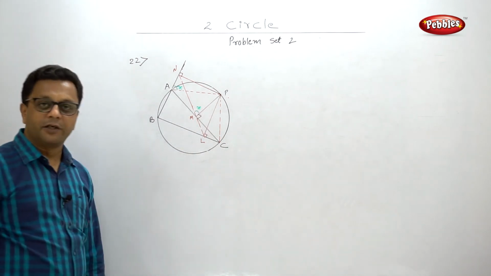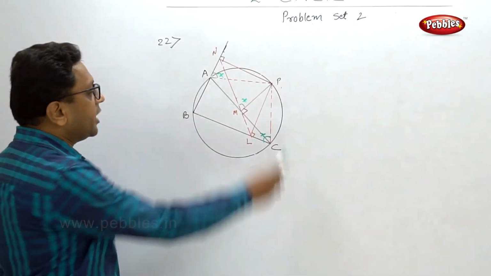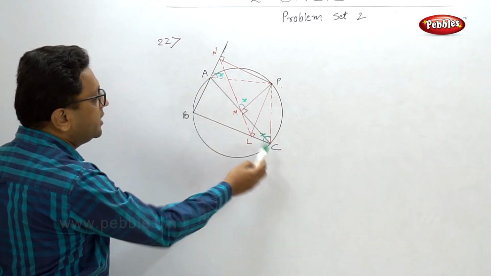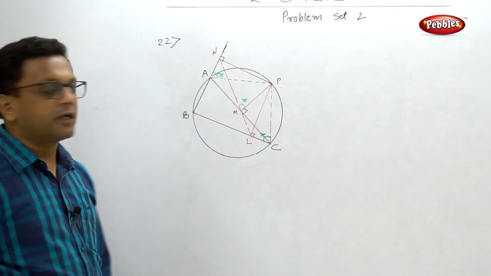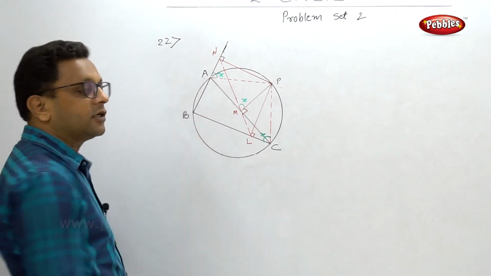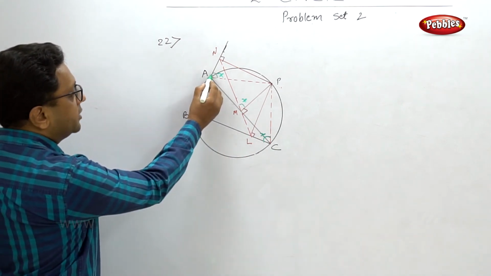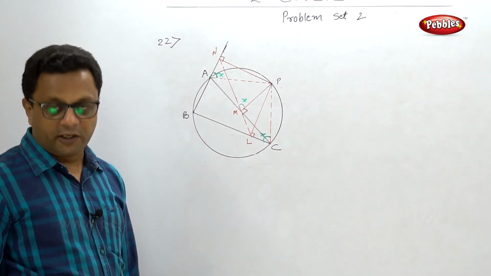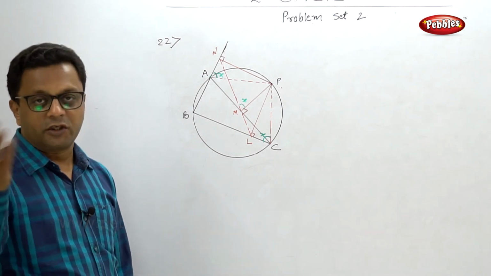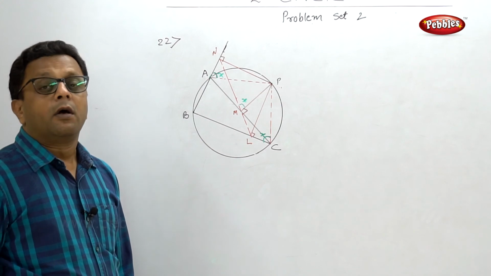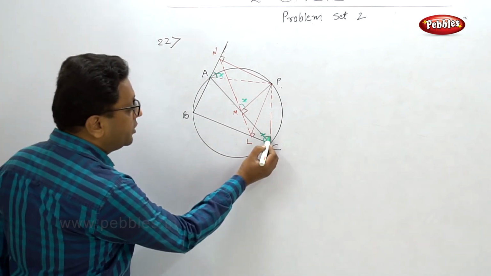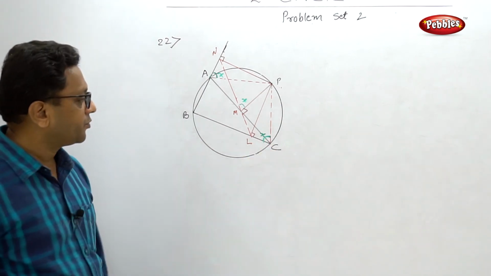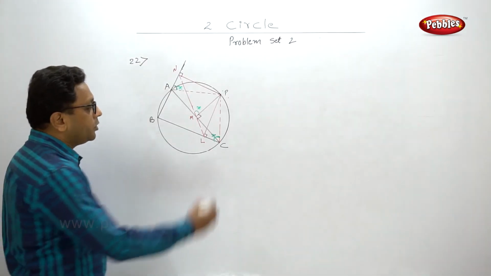I will mark this angle as X for simplicity. Now consider quadrilateral PABC. This is a cyclic quadrilateral because all the vertices are on the circle, and now here this X is the exterior angle of this cyclic quadrilateral, which is equal to the remote interior angle, so this is angle X. Now check this.